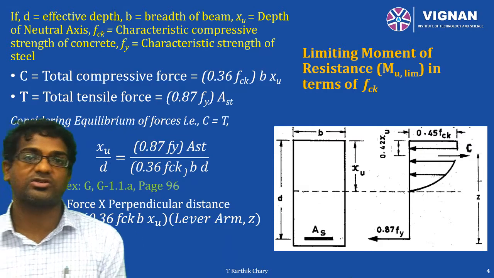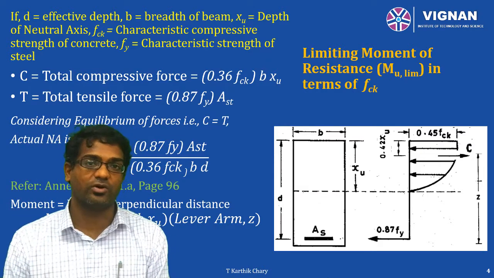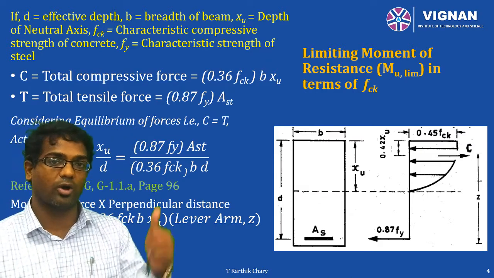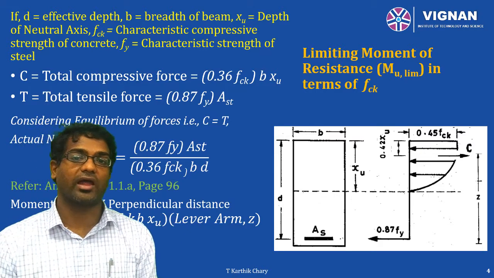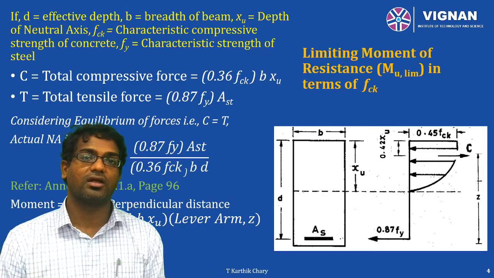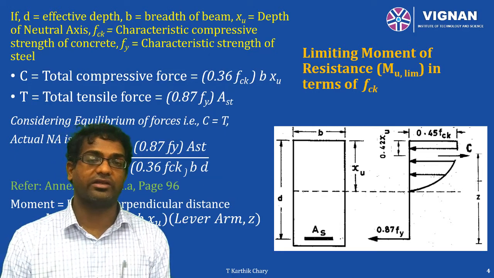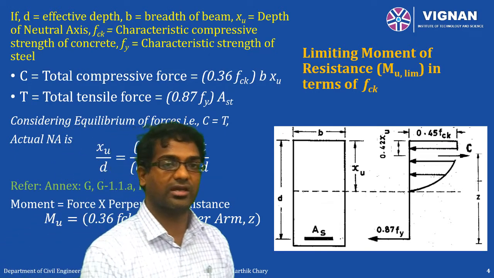0.36 fck b xu is the total compressive force which we have shown above, and the total lever arm which we are calculating here.